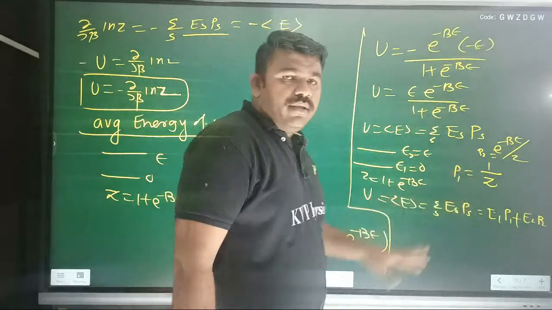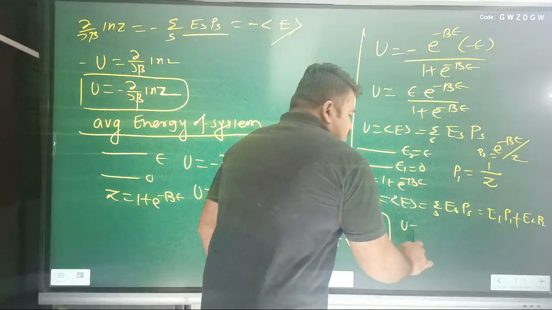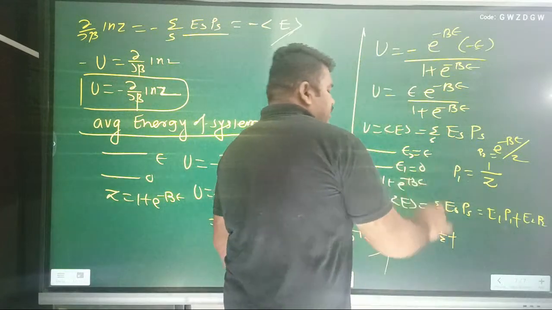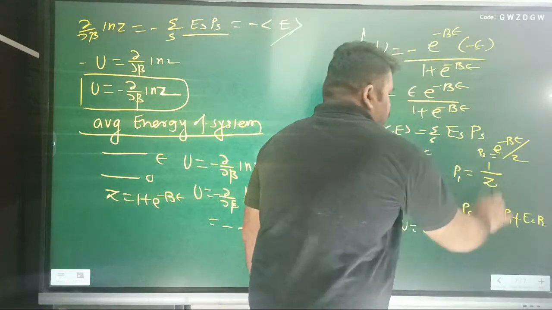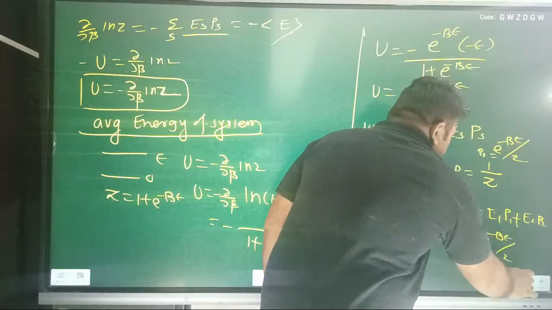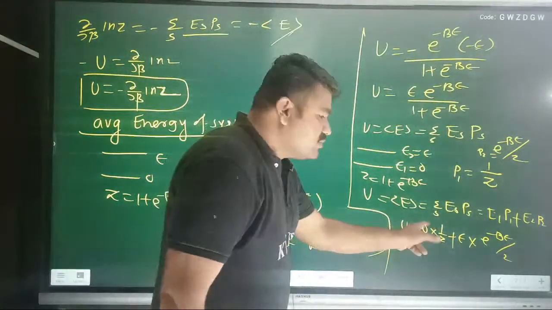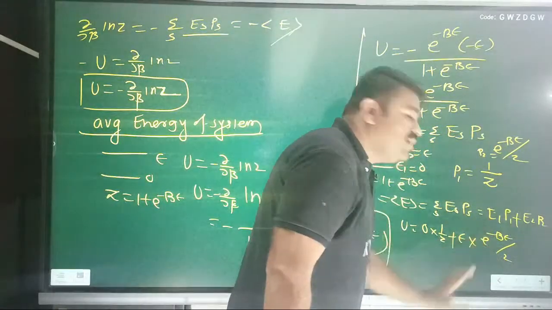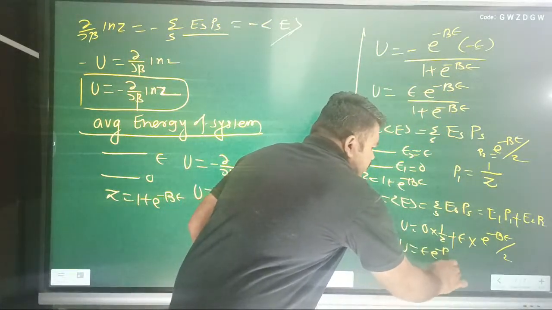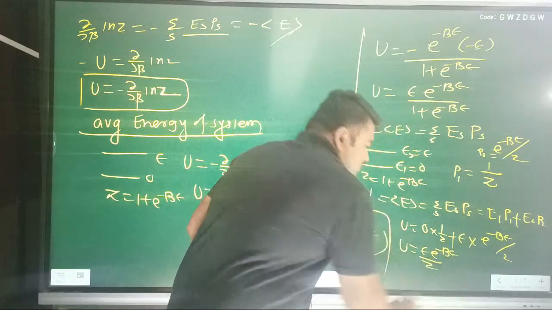What is the probability? 1 by Z. Means U is equal to 0 into 1 by Z, plus the second energy epsilon into the probability e to the power minus beta epsilon upon Z. First one is 0 into something, 0, plus the second one epsilon into this, means U is equal to epsilon e to the power minus beta epsilon upon Z.